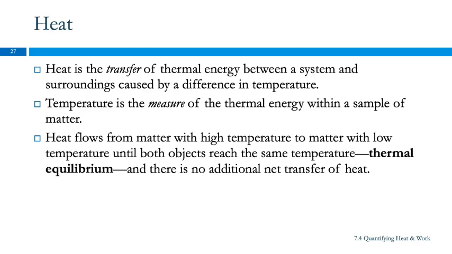They're the same because heat flowed from the hot thing to the cold thing until they were at the same temperature. At the same temperature, we call that thermal equilibrium. Now, that does not mean that there is no more transfer of heat at all, but there's no net transfer of heat. So if something goes one way, it also goes the other way, and there's no change overall.